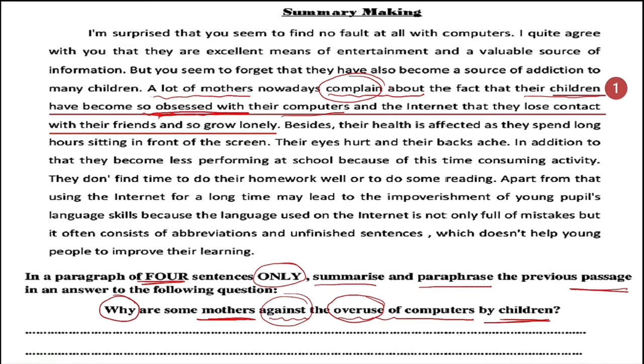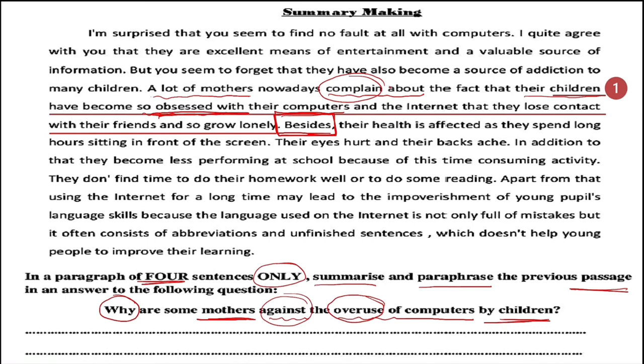So it means they use it for long hours, all right? So if we keep reading, we have the word here, besides. And when we have a word like this, besides, it means that the writer is adding another piece of information. All right. So here we again read carefully this sentence.